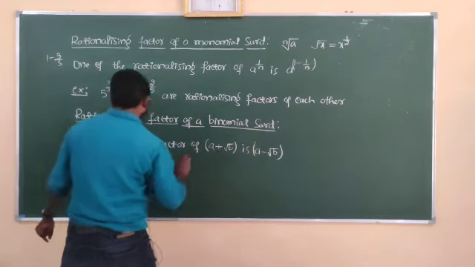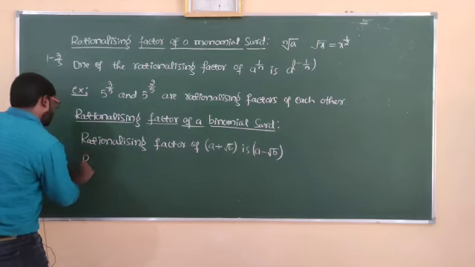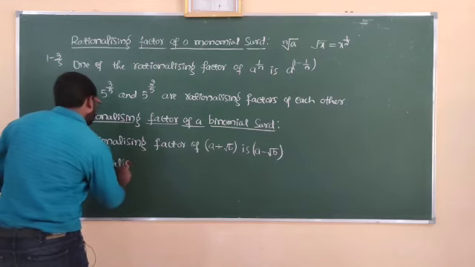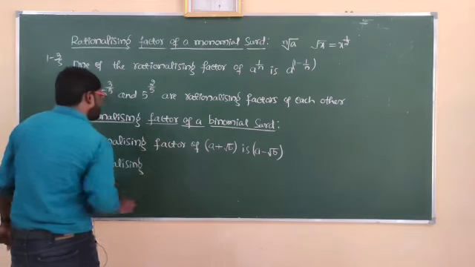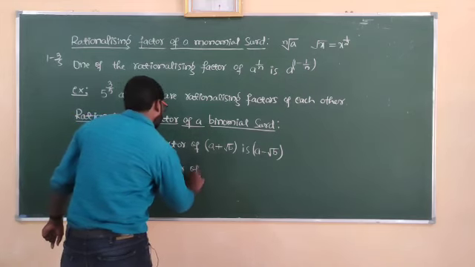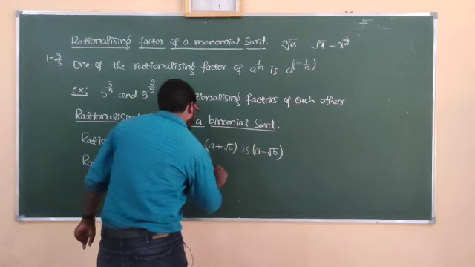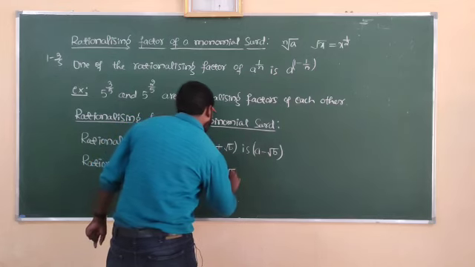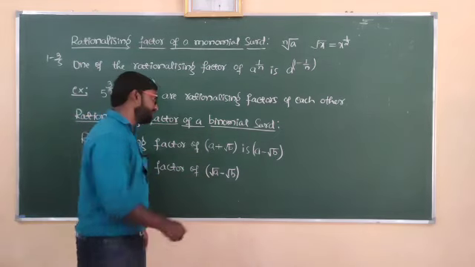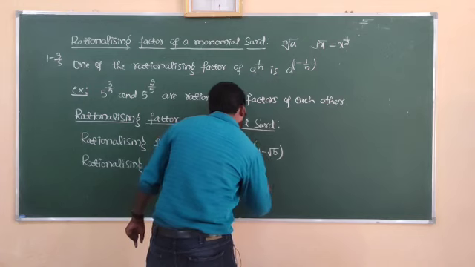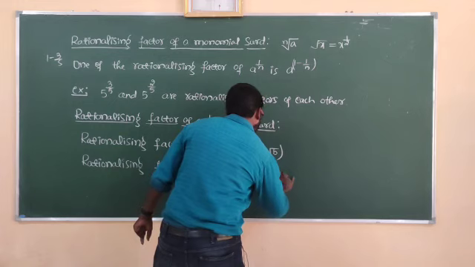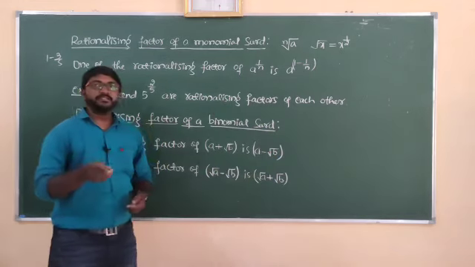Let us go for another case. The rationalizing factor of root a minus root b is root a plus root b. What did you understand from these two?